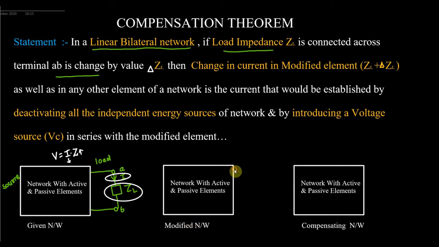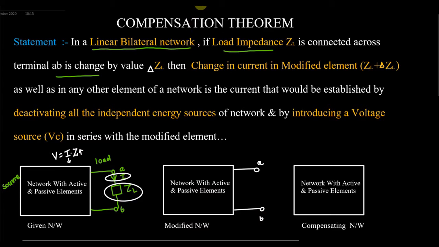This is your A terminal and this will be the B terminal. The load impedance ZL is now changed by some value. What is that value? Delta ZL.